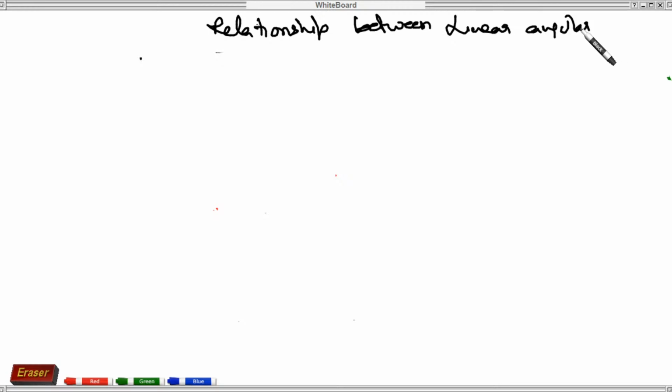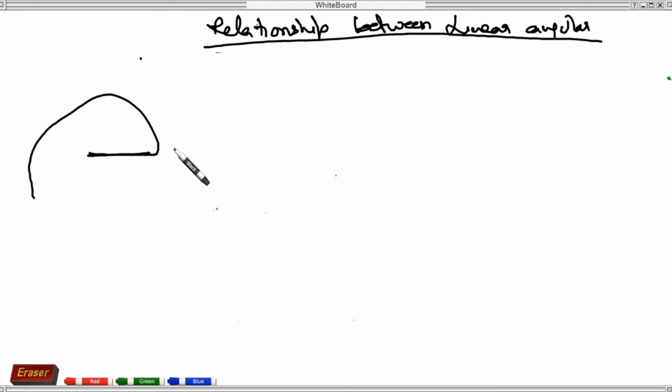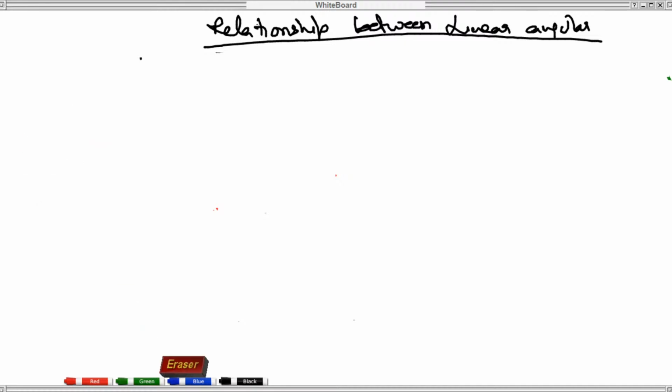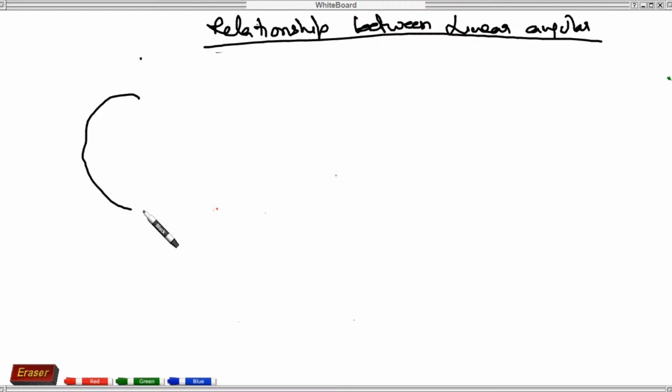So we will see the relation between them. Suppose it's a circular path. Suppose this is your circular path.